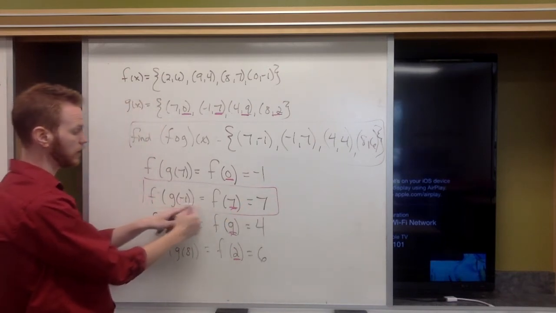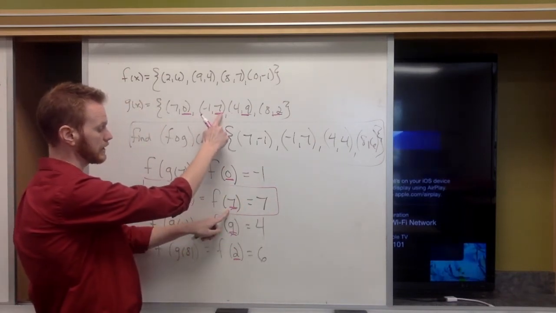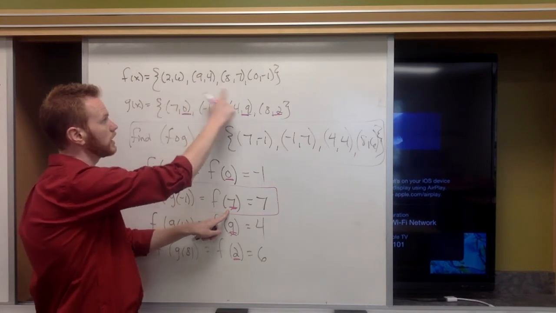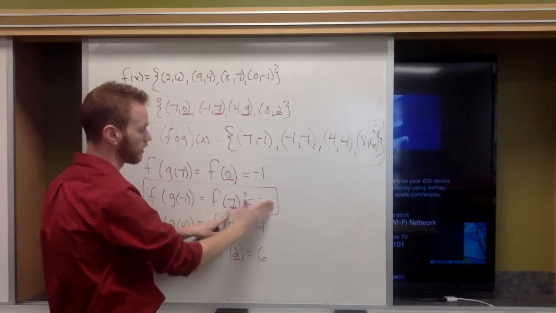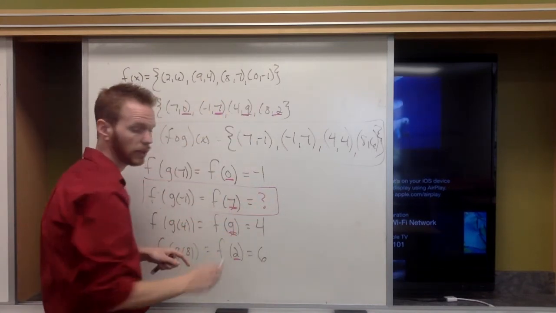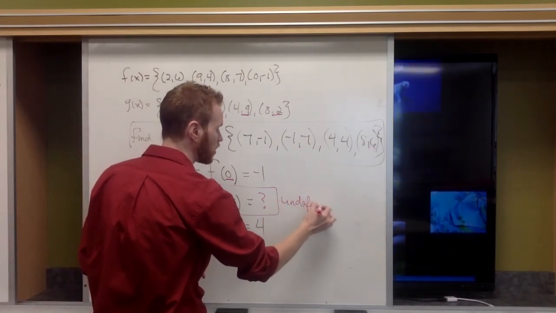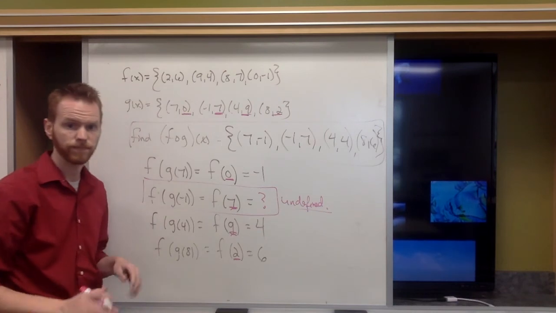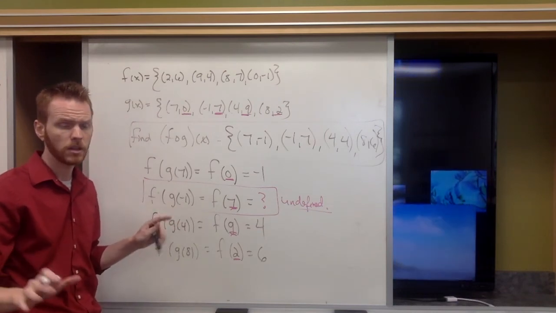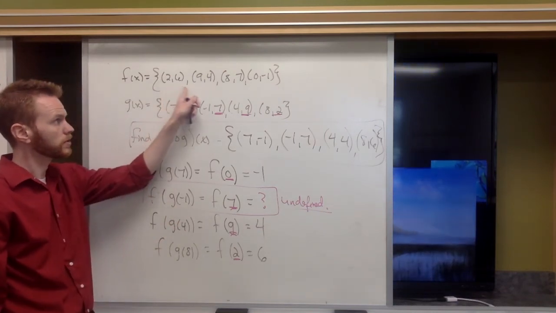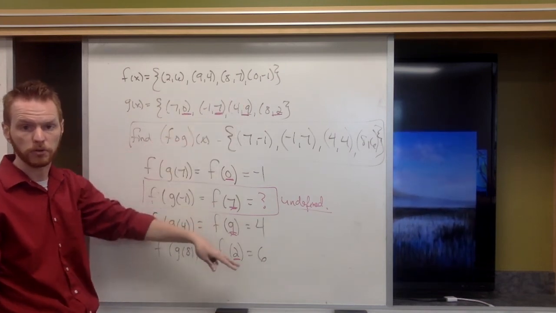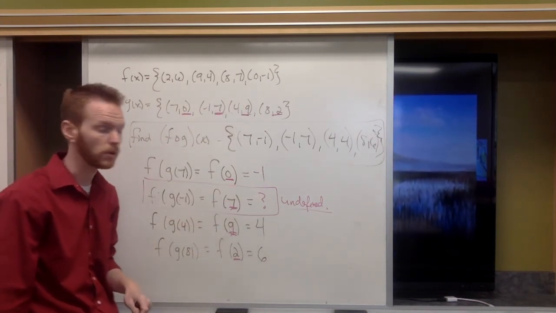If I plug -1 in, I get 7. If I plug 7 in, there's nothing there. Okay? That means it's undefined. If one of the inputs does not give me an output when I'm going through this process, it's just undefined at that point.